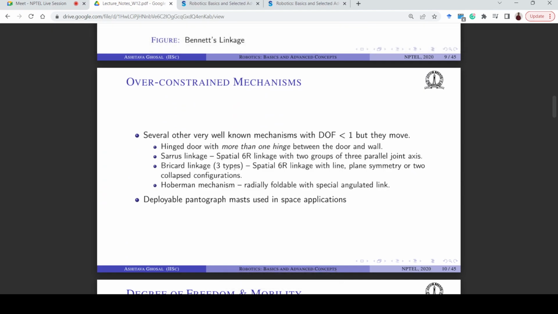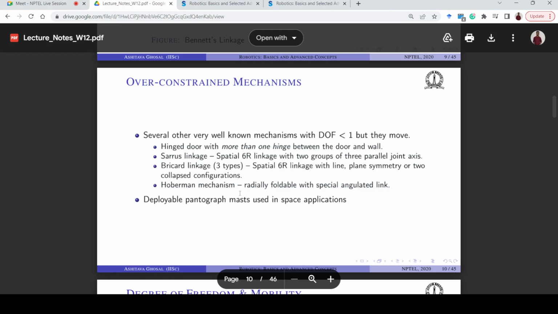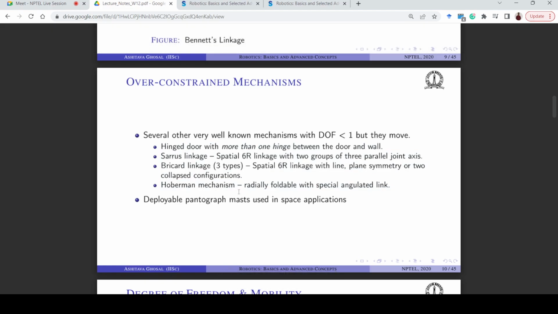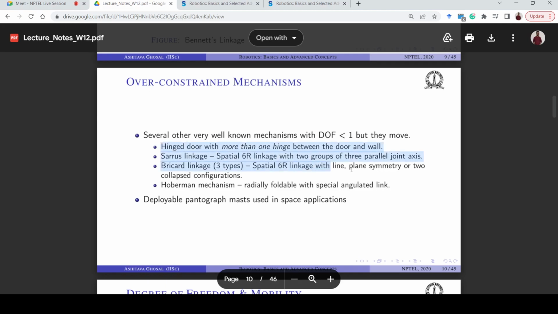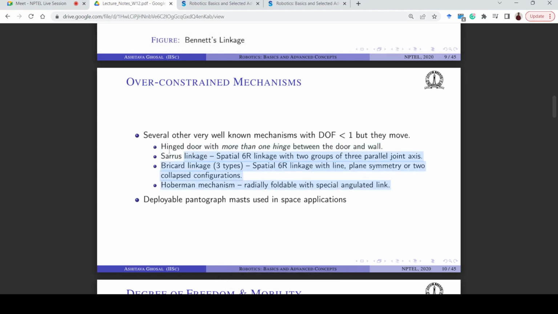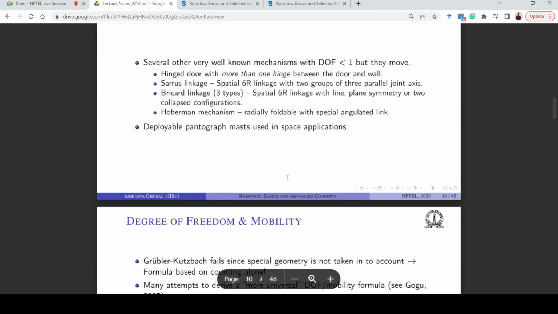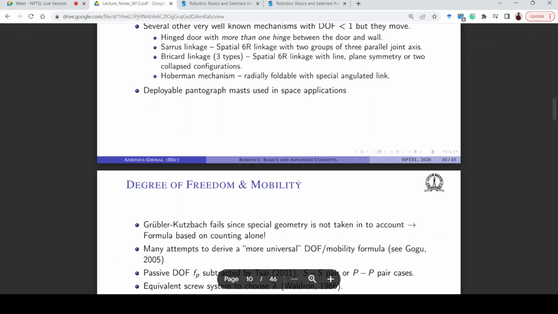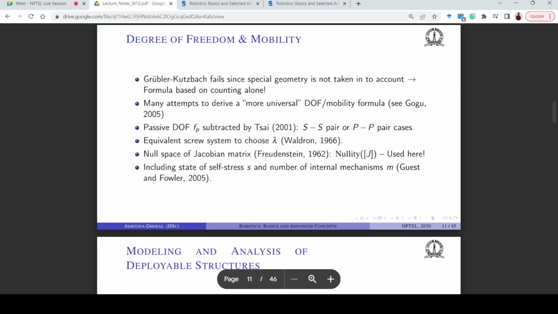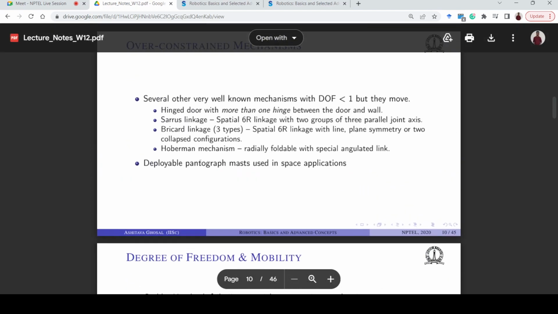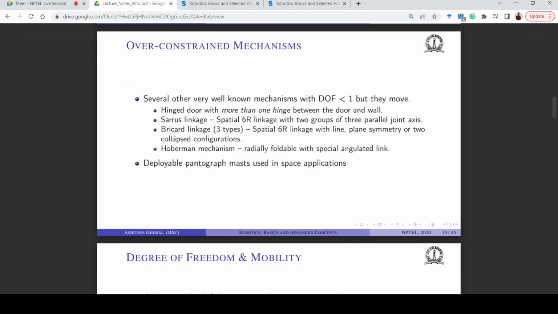There are other types also, like over-constraint mechanisms where you see the motion happening, but this Grubler-Kutzbach criteria gives you a degree of freedom of 0 or a negative degree of freedom or something that does not make sense. These are used for making deployable pantographs.